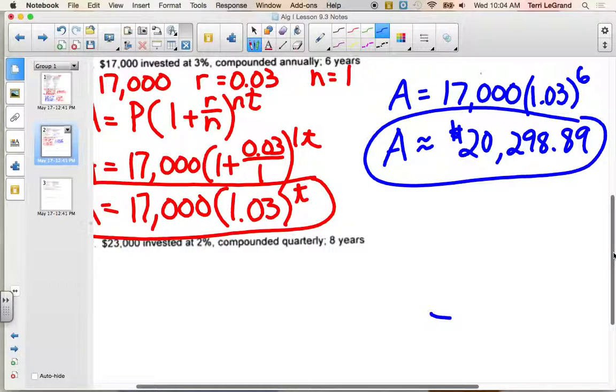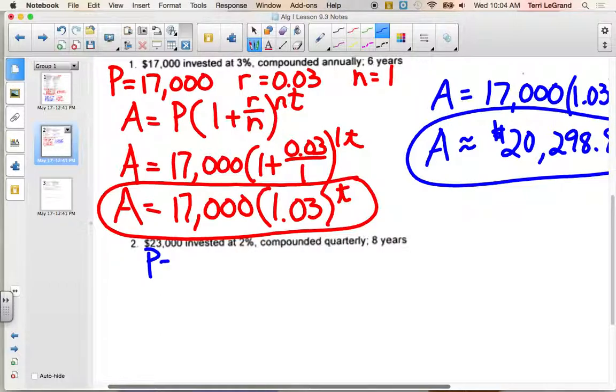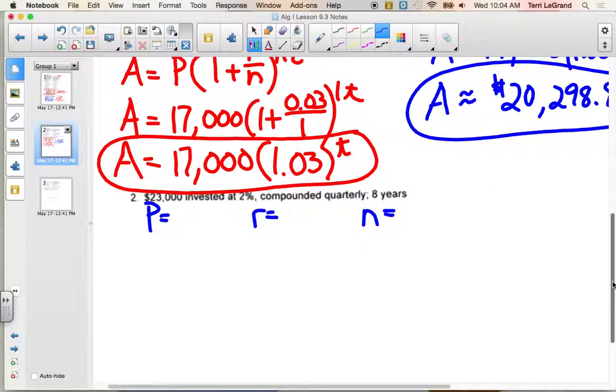So, again, the first thing we're always going to do is identify our capital P this time, our little r, and our n. It's always going to be our first move. So, go ahead and fill those out. See if you can figure out what you think they should be.